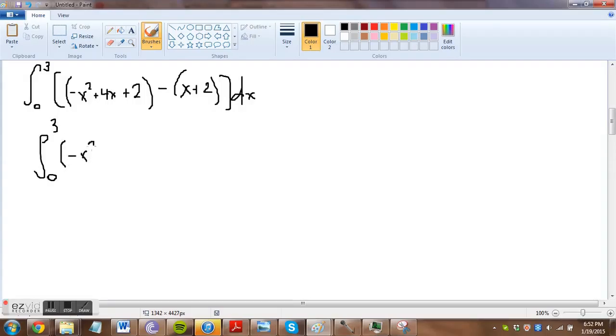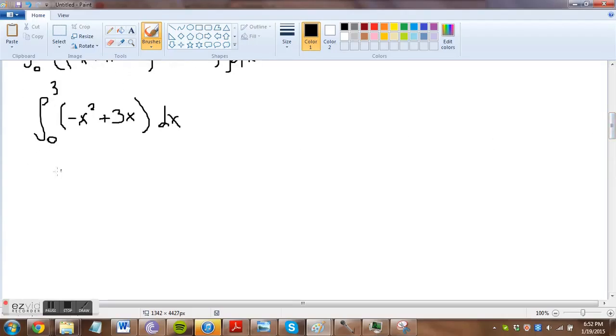And once we take the integral, we'll get negative 1/3 x cubed plus 3/2 x squared, evaluated at 0 and 3.